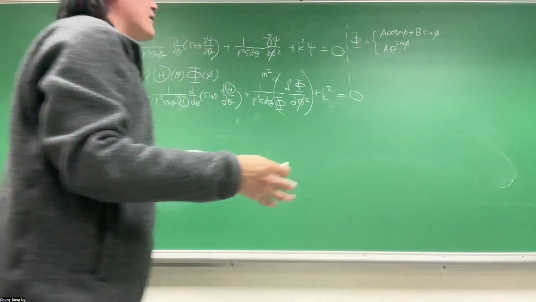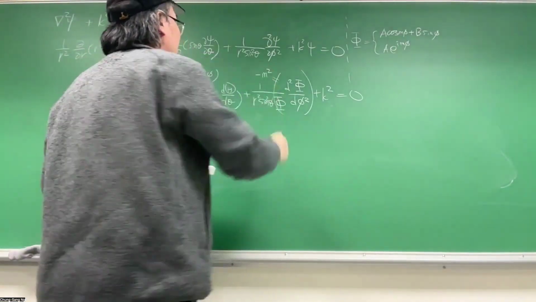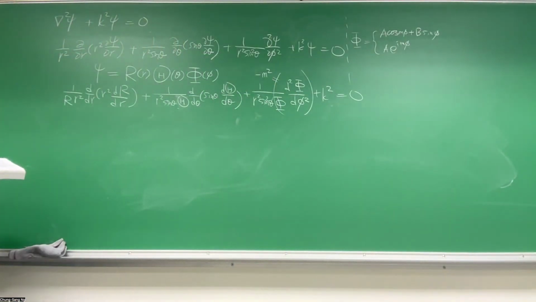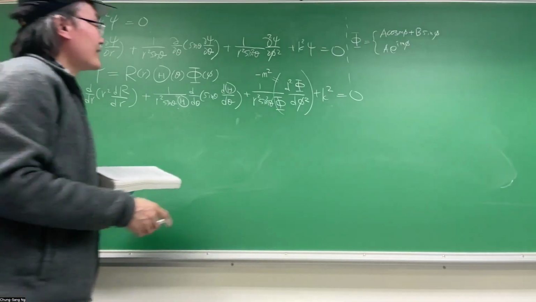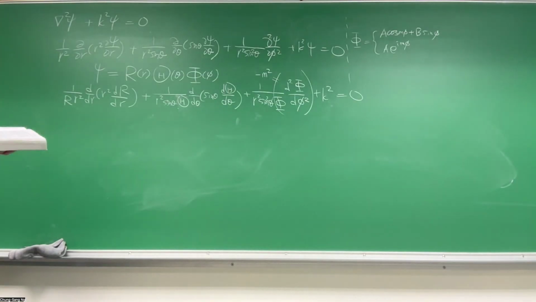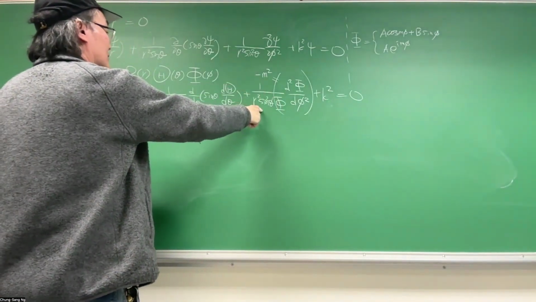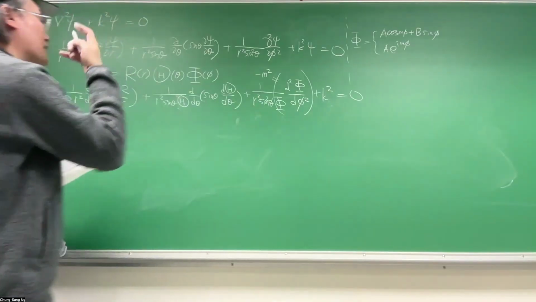Assuming m is an integer. Yeah, minus m. So this is minus m squared divided by this. All right, so now you consider this equation. Change that to a constant divided by r squared sine squared theta.